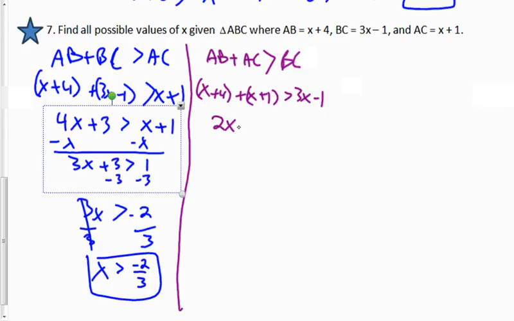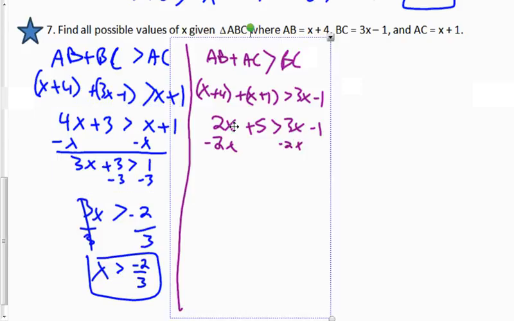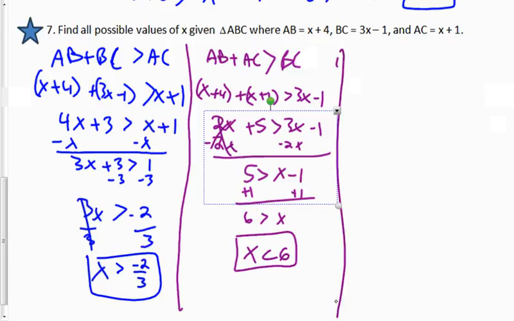We got 2x over here plus 5 is greater than 3x minus 1. I'm going to subtract 2x from both sides. And I've got 5 is greater than x minus 1. Add 1 to both sides. And I've got 6 is greater than x, or x is less than 6.